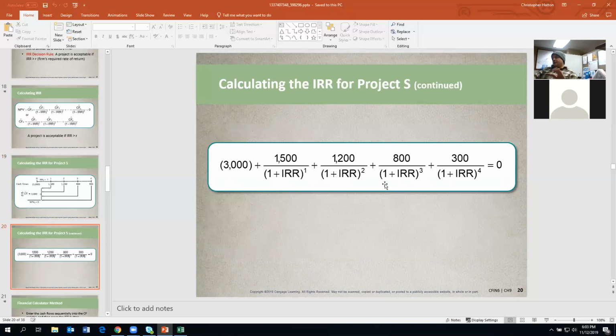This is another way of putting it. So your net present value is equal to 0 when your IRR is reached. So that means at what point does my net present value cross that boundary?